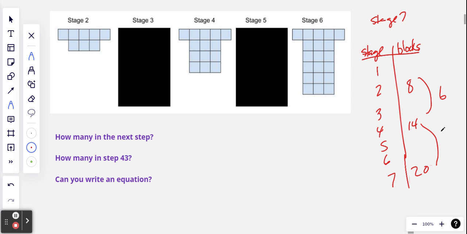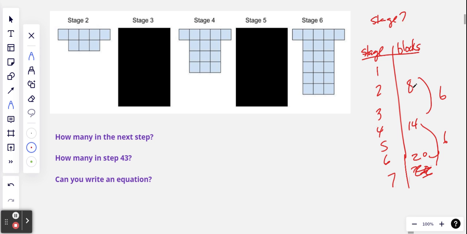Let's see. If this is also 6, it's going to tell us that that's the case. 20 minus 14, it is 6. And I put that 20 down there for 7, and that's not where it belongs. It belongs there. So there we go. All right, so every 2 steps we go up by 6, and this is a constant, so it's happening at a steady rate.